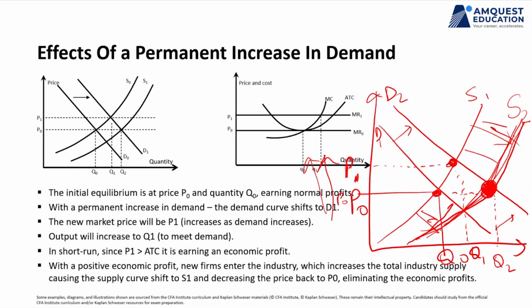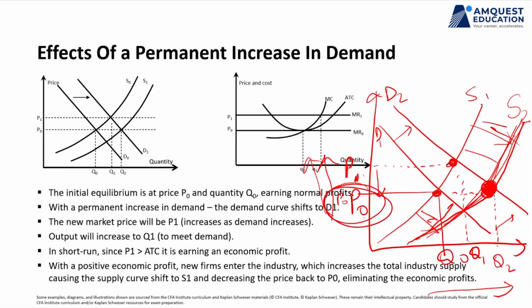So the quantity has gone up, but the price has come back to the original, because that was the original equilibrium price. Got it? So you saw P0 went to P1, more suppliers came, so P1 fell down, because when supply increases, price falls. So P1 went back to P0. The new equilibrium quantity was Q2.